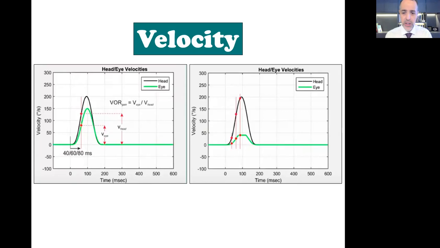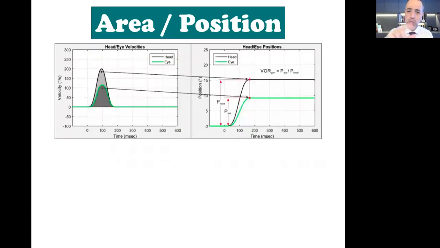And when we talk about area, it's a calculation of the area below the head and the eye movement, right? And here's different position here. So this is a very good method, but it does have some disadvantages as well, especially when you have cover saccades, because the software has to identify the cover saccade and exclude the cover saccade area to not get any influence in the VOR gain.